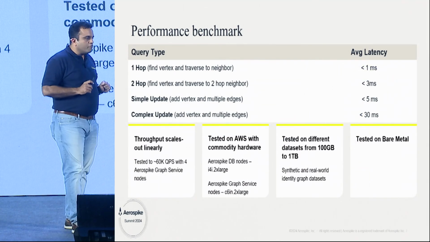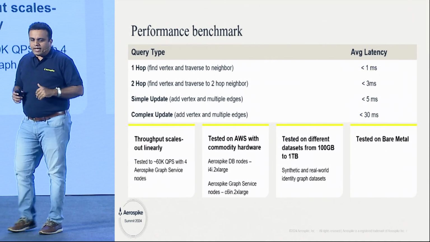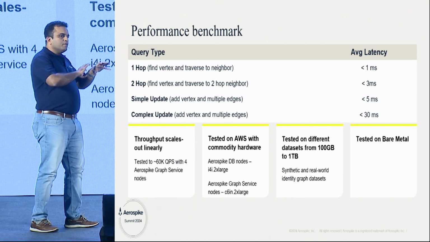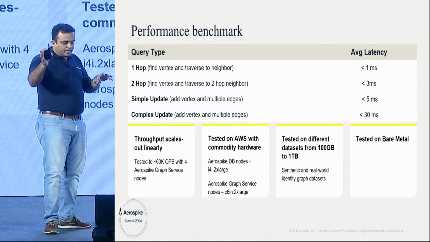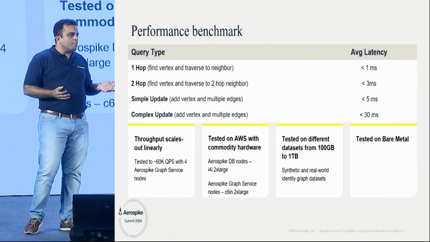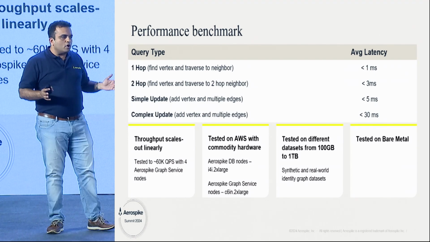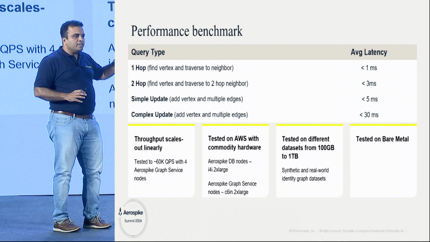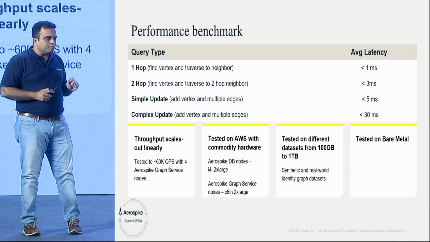Let's look at some performance benchmarks that we ran and have made a record of. Typically in the graph world, like I said, there's a vertex, and you have a relationship with another vertex. When you land at one vertex and go to the next one, that's considered one hop. In our benchmarks, we have seen that a one-hop query typically takes sub-millisecond, and 2 hops, 3, and we have seen 4, 5 is typically under the single-digit millisecond space.